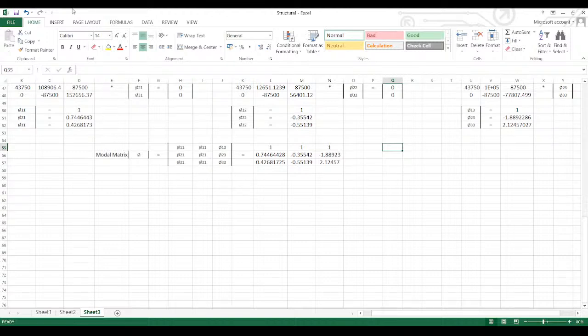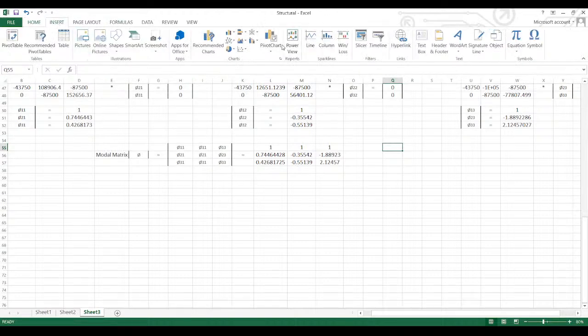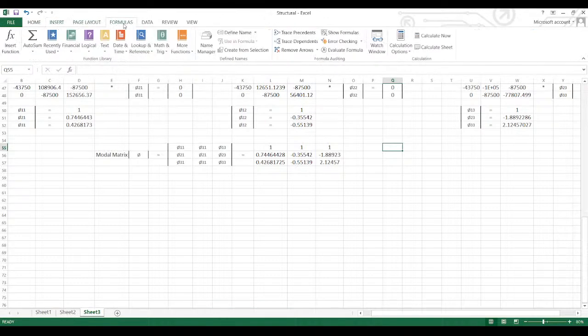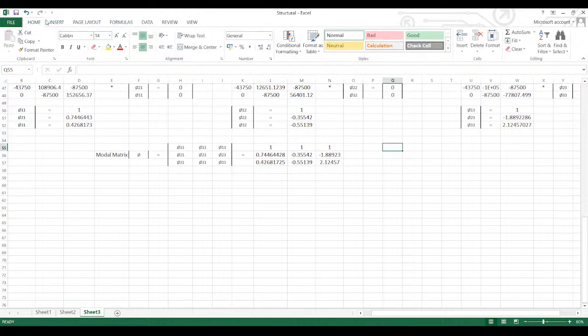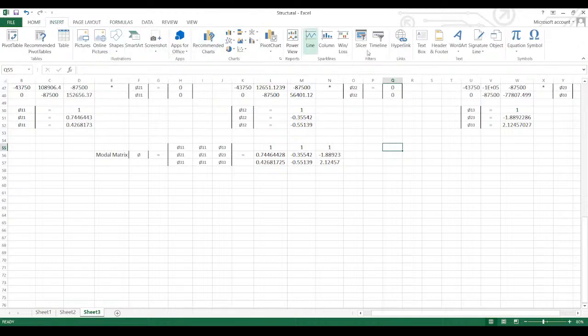What we have done for the modal shape, we go to insert, layout, formula. We go to insert, that is bar graph, more chart, select the chart. Okay, we are selecting this one and go more.